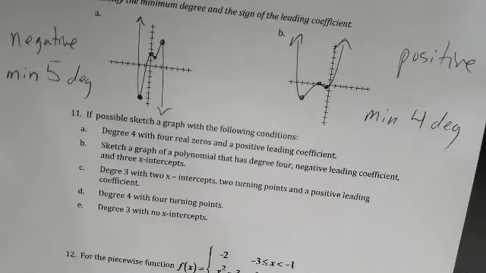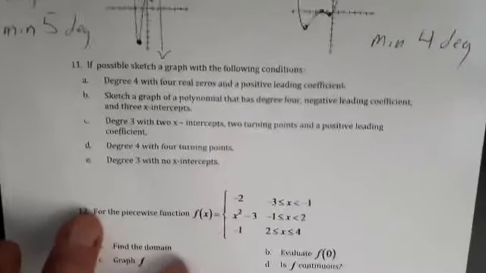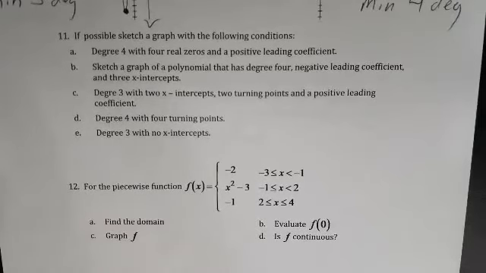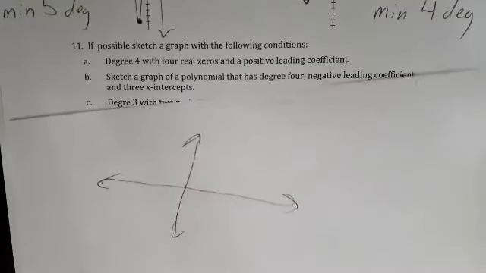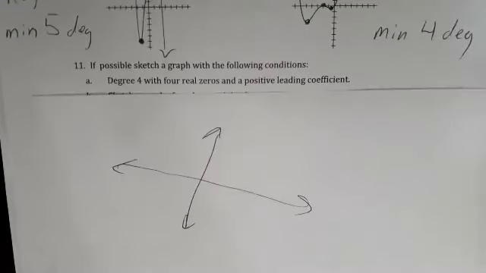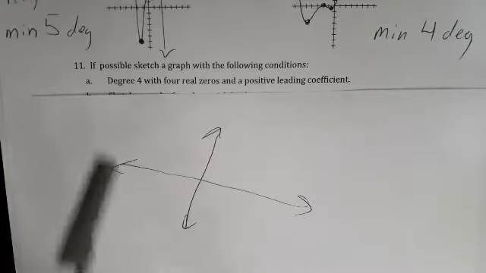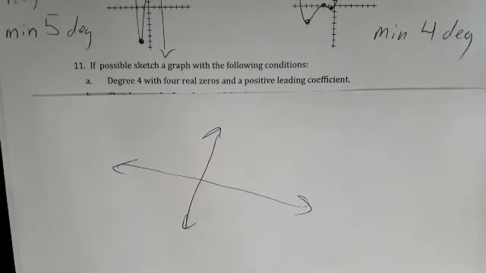Okay, if possible, sketch those graphs. Degree 4 with 4 real zeros and a positive leading coefficient. I will do a few of these, but there are multiple ways you can do these. As long as it follows what they're saying, I think it'd be okay. If it's a degree 4, how many turning points do I need? So now I'm going the other way. If it's degree 4, I need 3 turning points. It's got 4 real zeros.